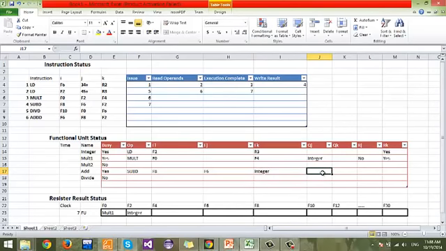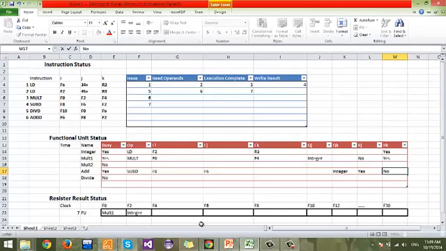Qj, no, fj is not dependent on any functional unit. Qk, okay, so this is blank, this is integer. So here rj is yes, as fj is available, rk is no, as fk is not available.